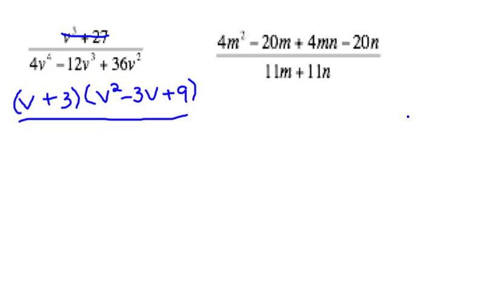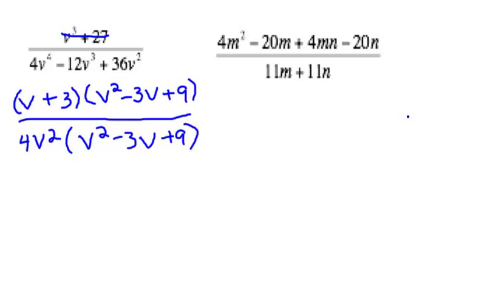Now for my denominator, the first thing I did was look for a GCF. That's always my first step when I'm factoring, and I had one. It was 4v squared. What was left after I did that was v squared minus 3v plus 9 after I factored out the 4v squared. It was v squared minus 3v plus 9, which was not further factorable.